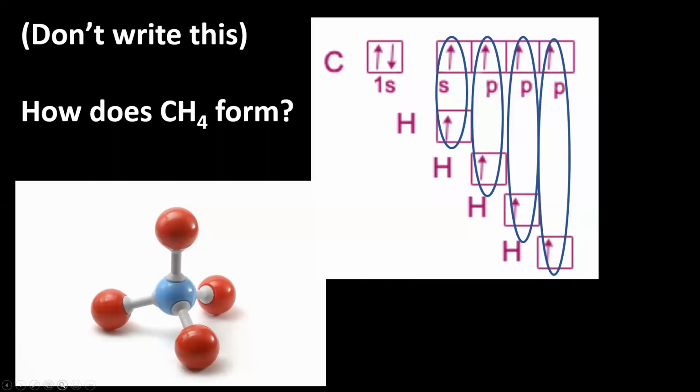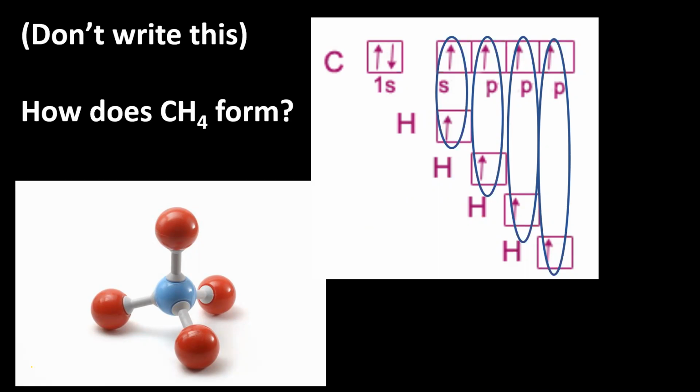This is nothing to add to your notes. I'll get to something to write in just a minute. But I want you to see, I showed this once last week and said I wouldn't require you to actually be able to figure it out, and I'm still holding to that. I just want you to see what's going on.